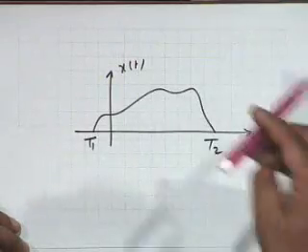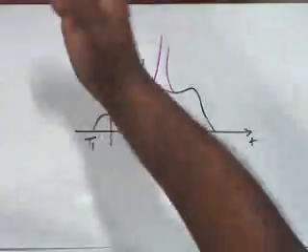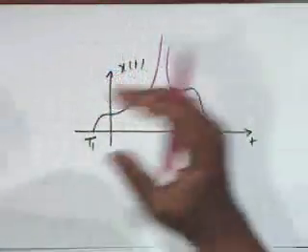You could have a function which goes like this, the function itself blows up, then of course you will not have a Laplace transform, right? So, if the Laplace transform exists at any point in the S plane, then it exists at all points in the S plane, all right.